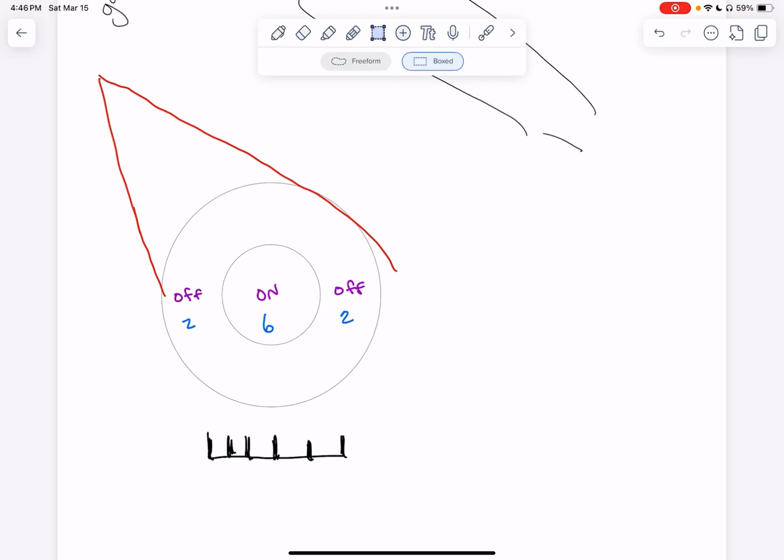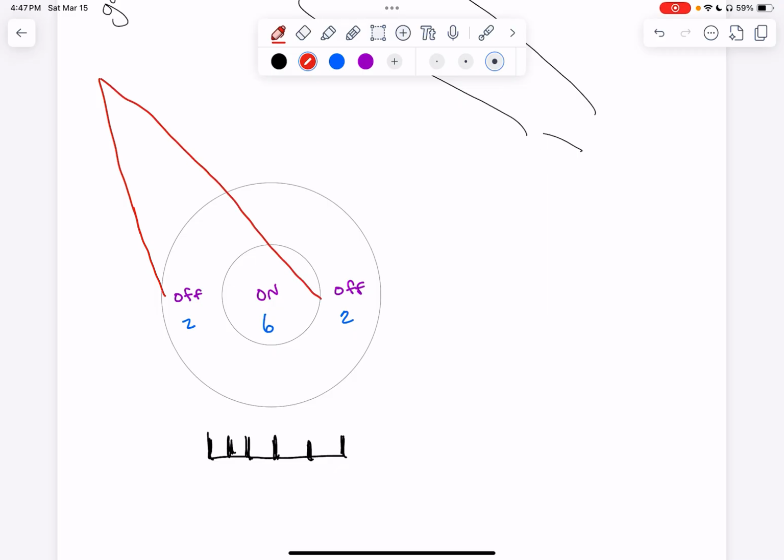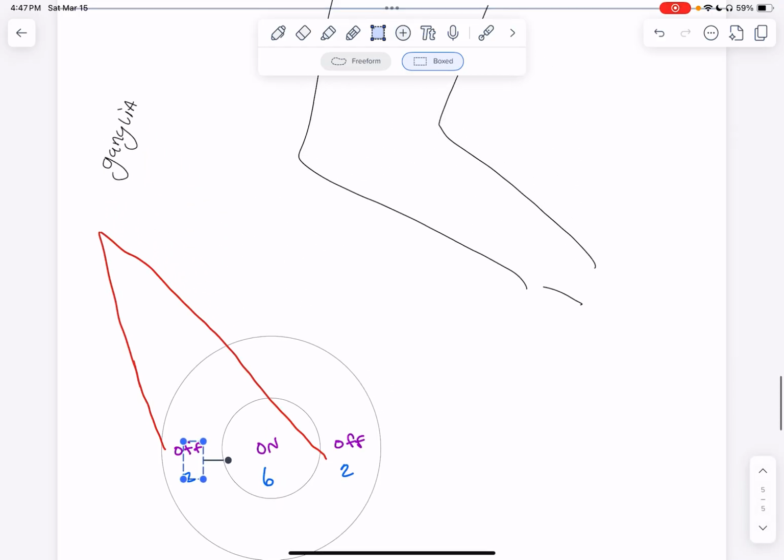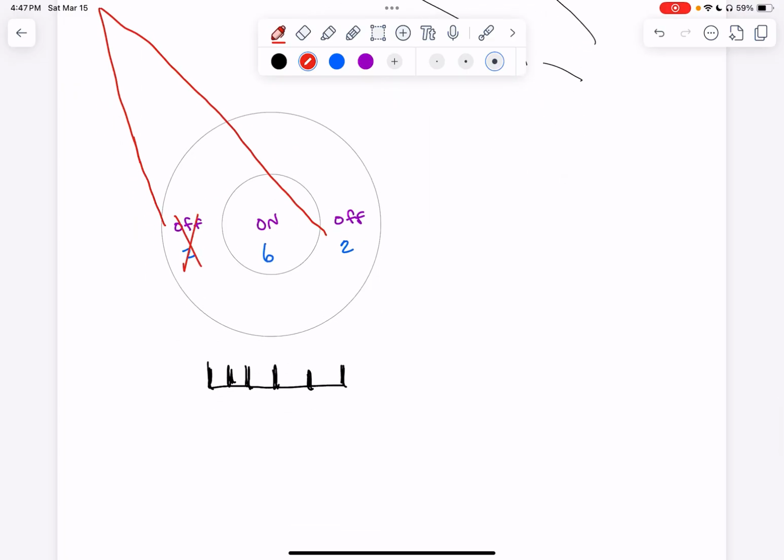Well, now let's say we have light that only hits, let's say, this section. So now we only have light that hits half of the photoreceptor field. Well, now this is an off center and it is receiving light, so we're not going to receive action potentials here. Okay.